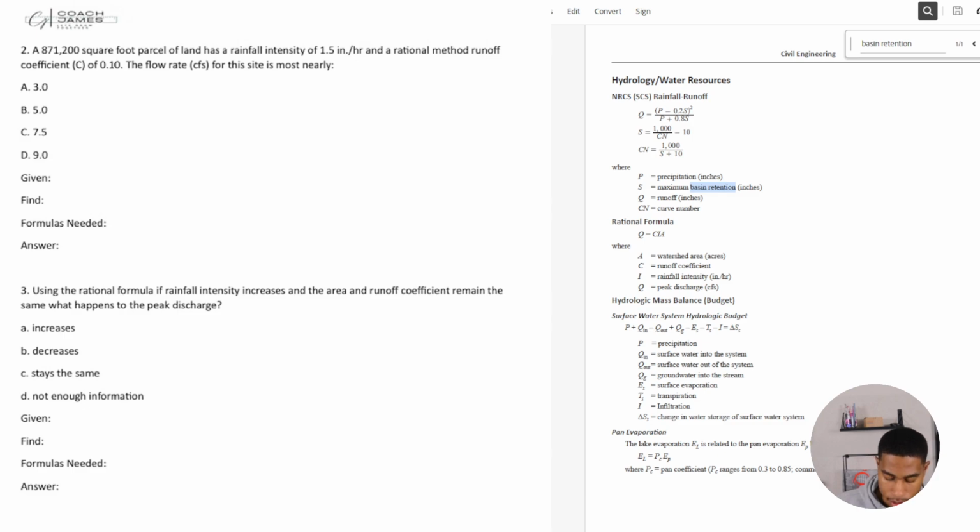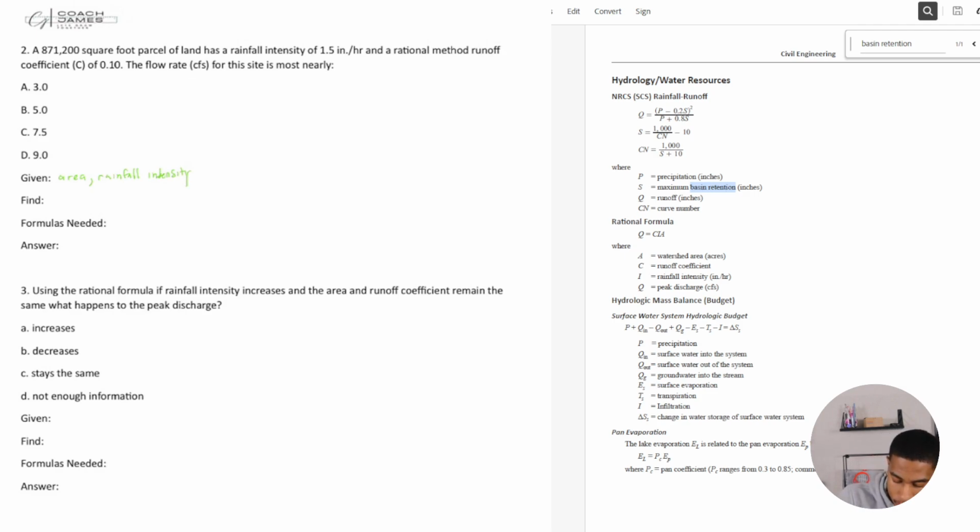So what information am I given? Well, I'm given the area, which is 871,200 square feet. I'm also given a rainfall intensity. As you're writing this stuff out, normally if it has a number beside it, I write it down, or if it's like a method or some type of system, I write it down.